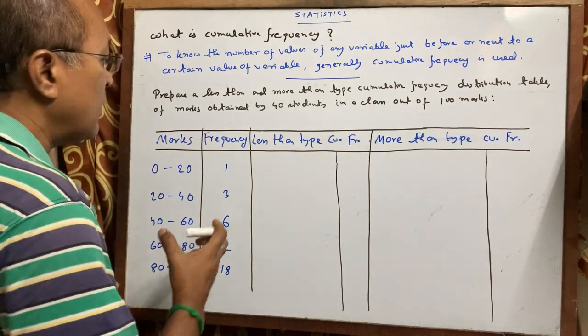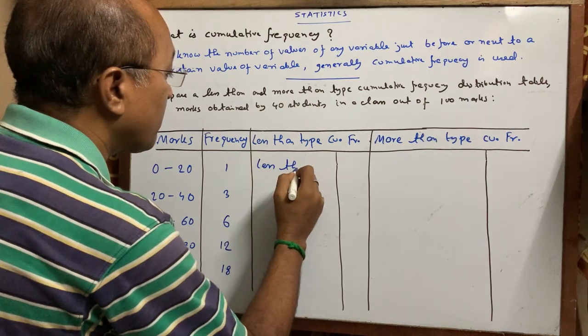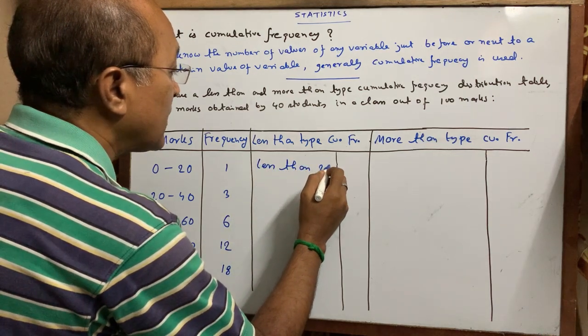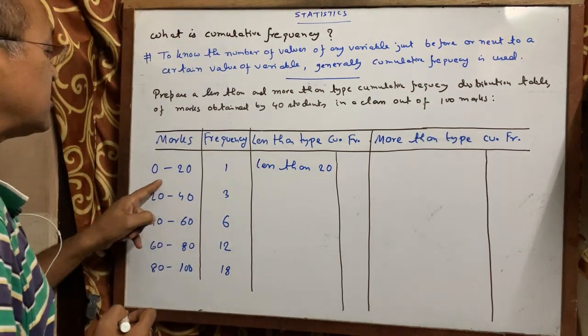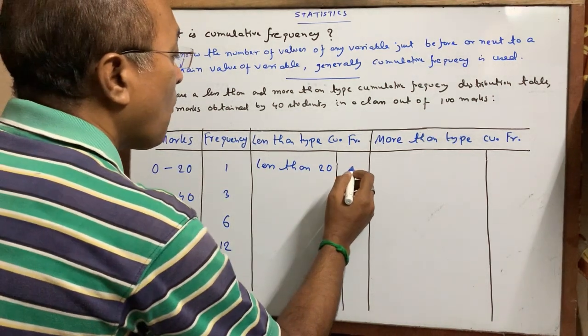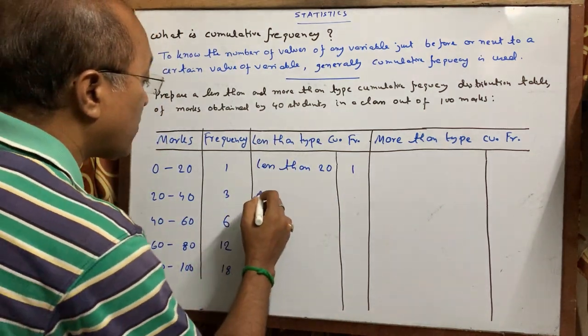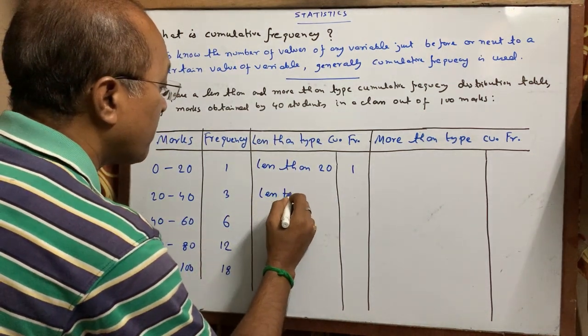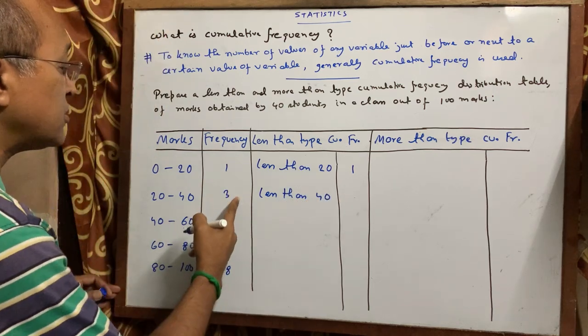Now, less than 20. Less than 20 means 1. Then less than 40. Less than 40, how much?